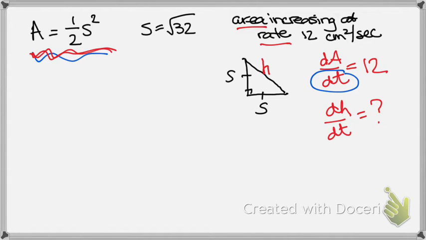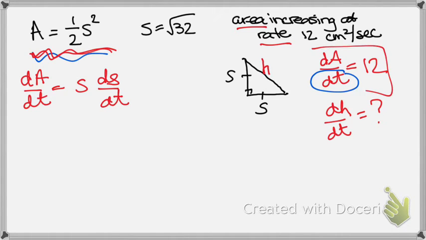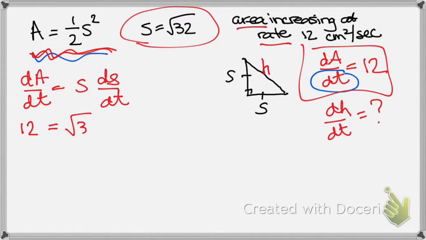So the derivative of A is dA/dt. On the right side, power rule, this will be 1s ds/dt. Okay, dA/dt is 12. At this moment in time, s is square root of 32. And the unknown is ds/dt.